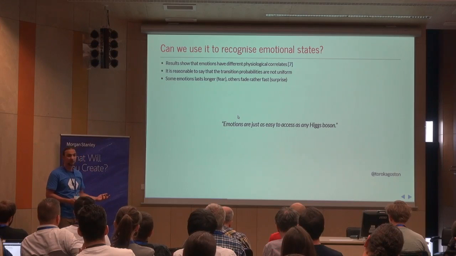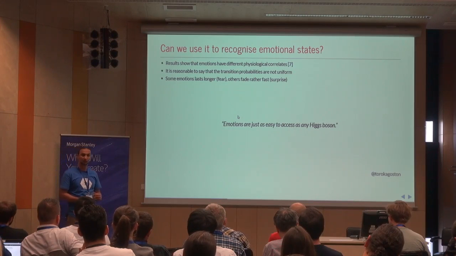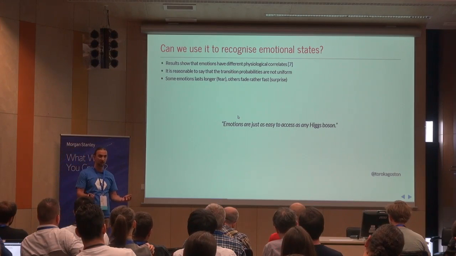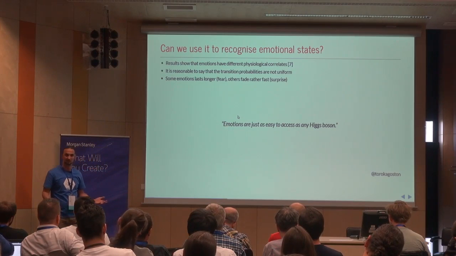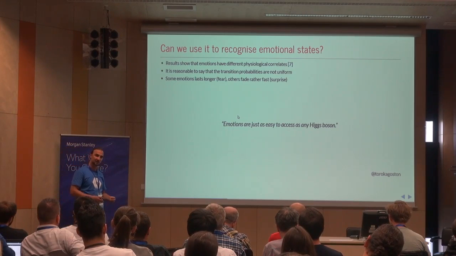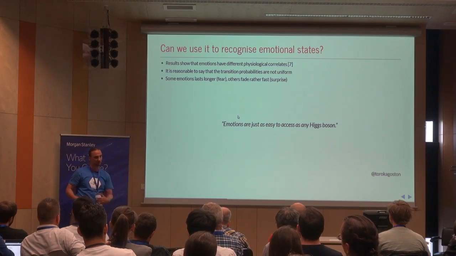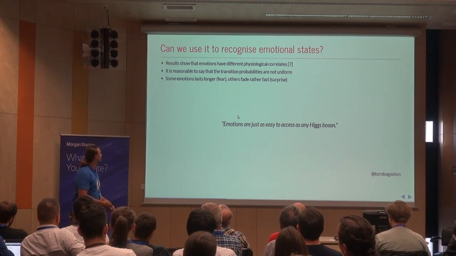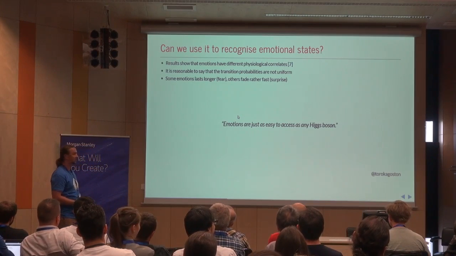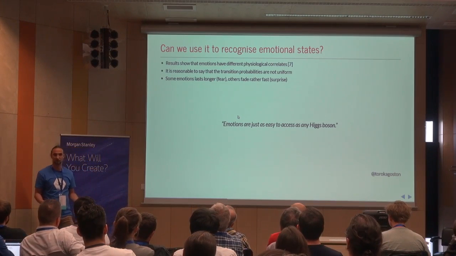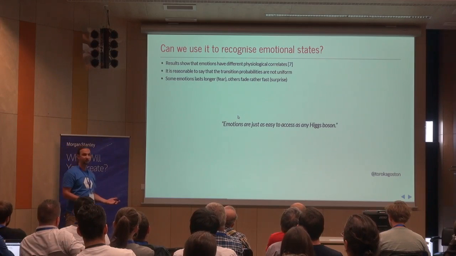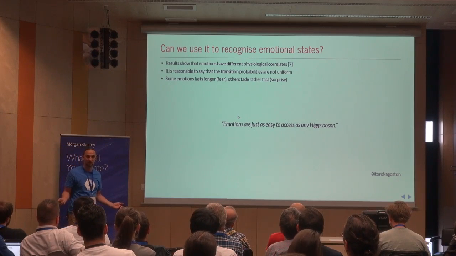And it is reasonable to say that the transition probability between different emotions is different. So for example, if you got proposed to, then it is a bigger probability that you are becoming happier than becoming sadder. And some emotions last longer, for example, fear, and others fade rather fast, like surprise.